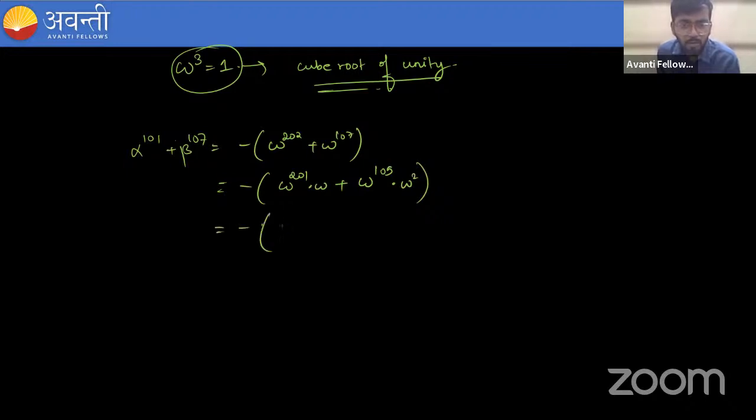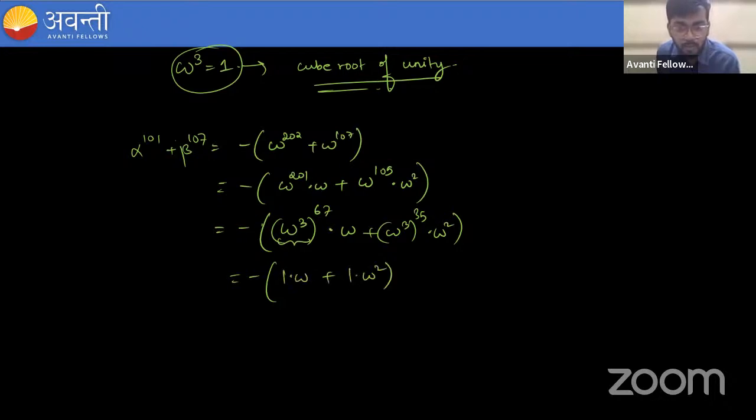Minus, omega power 201 can be written as omega cube power 67 into omega, plus omega cube power 35 into omega square. We already know that omega cube is 1. So this will be 1 into omega plus 1 into omega square. We got minus times omega plus omega square, right? So this is minus, minus omega square.